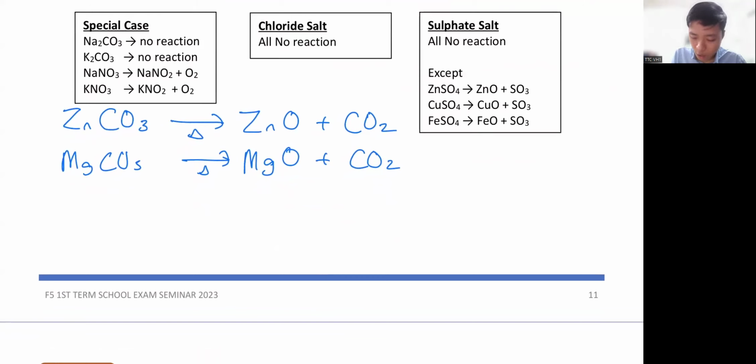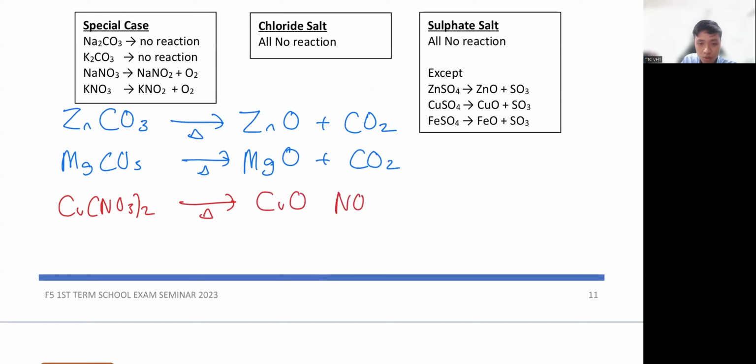The other one: let's say I heat copper 2 nitrate. What comes out? You get three things. What are the three things? Very good answer: CuO plus NO2 plus O2.